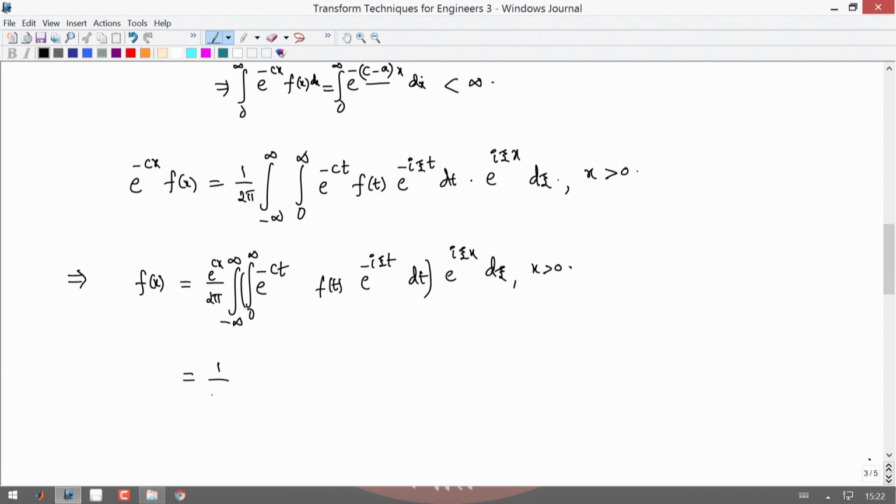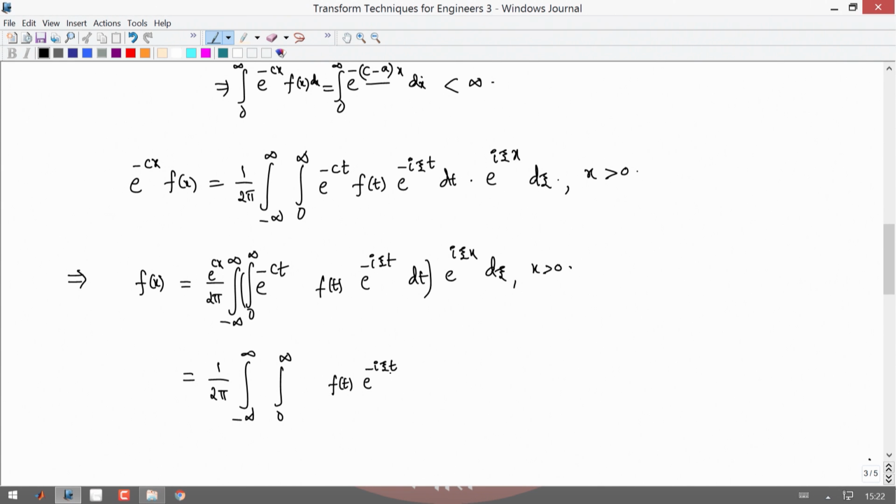So, if you rewrite this properly, minus infinity to infinity, integral 0 to infinity e power minus ct f(t) into e power minus i xi t, so this you can combine with this thing.